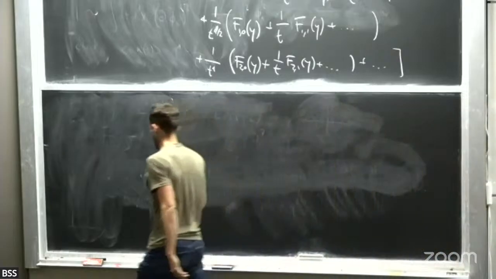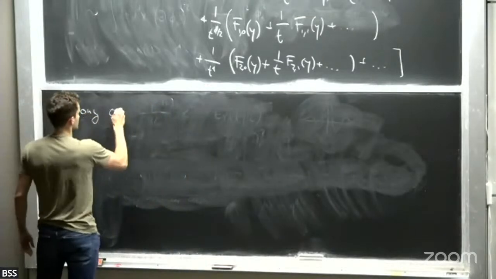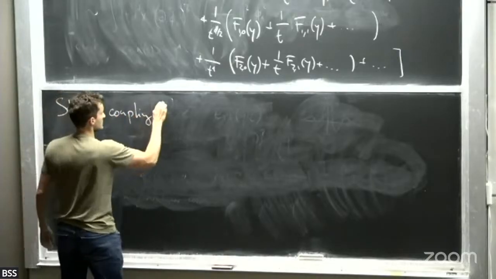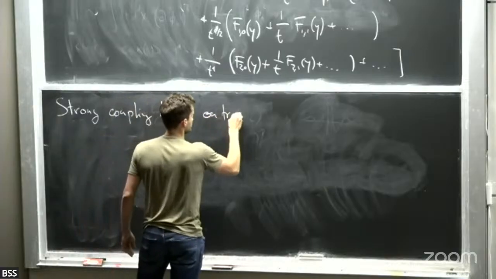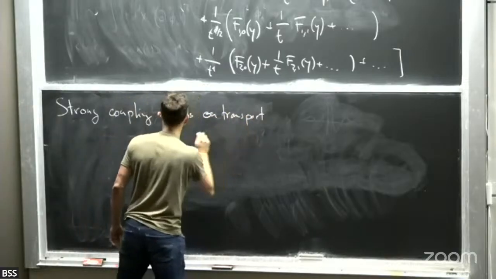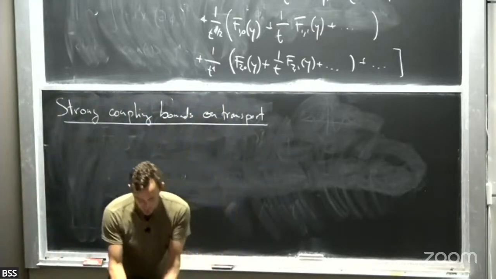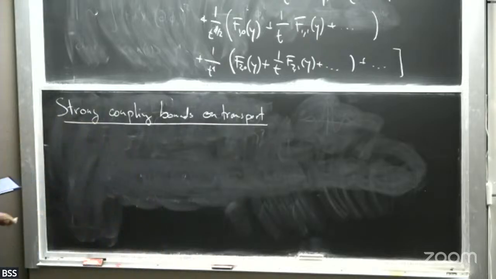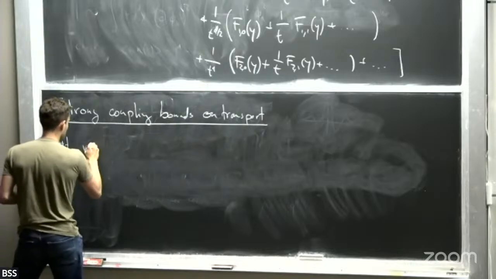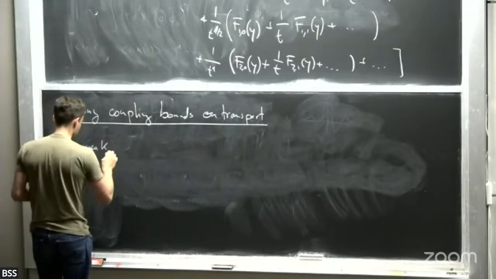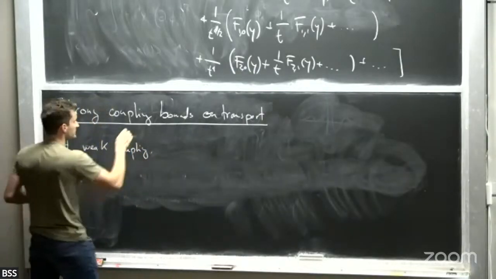And there's been a lot of work, especially conjectures, on possible such strong coupling bounds on transport. The intuition for why you might expect such a bound is that first, at weak coupling, with some work, you can compute a lot. You can compute a lot of transport parameters. And they all have a fairly simple coupling dependence.